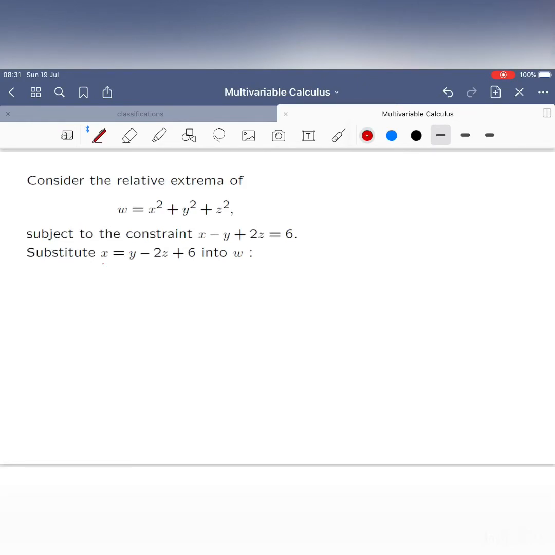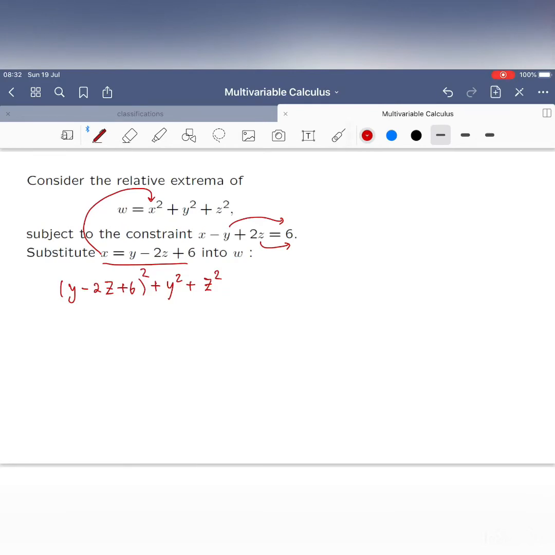We are going to substitute. You move these 2 terms to the other side, and then you substitute your x by y − 2z + 6. So right now you got (y − 2z + 6)² plus y², don't forget to have a square here, and the z².